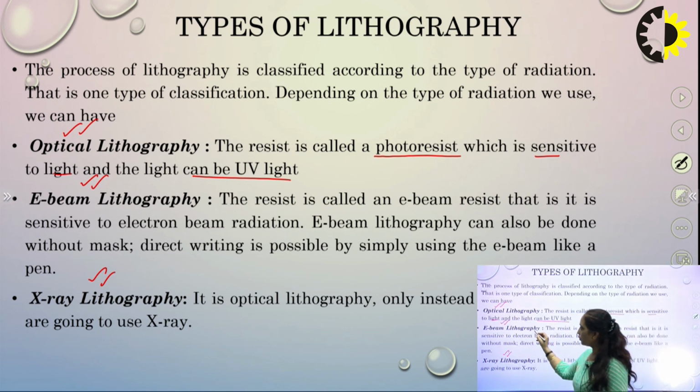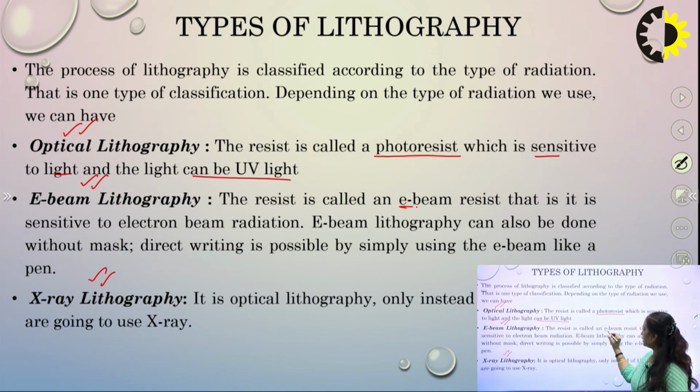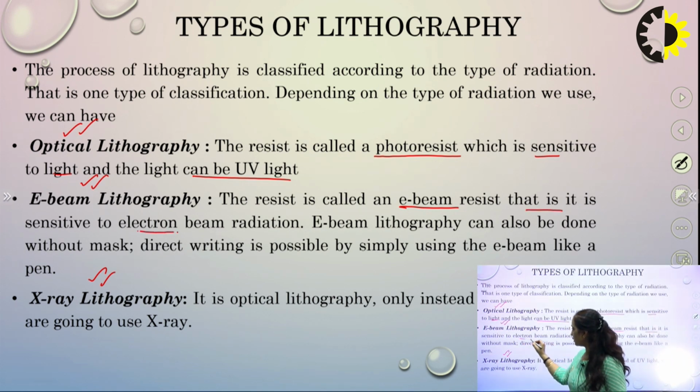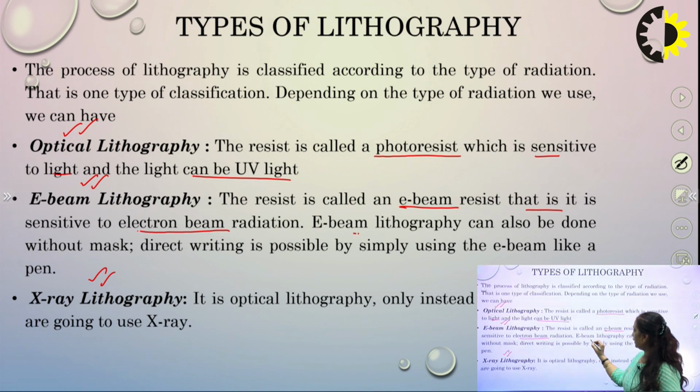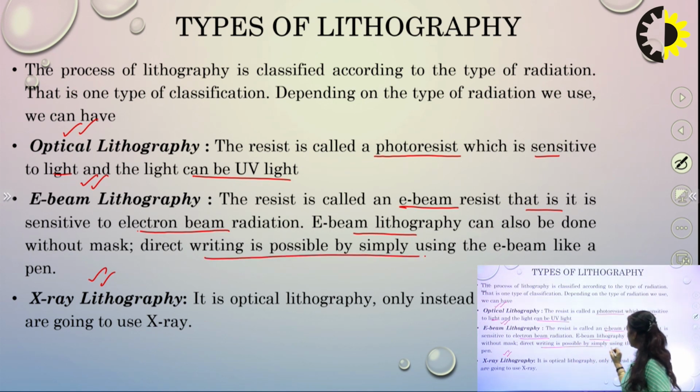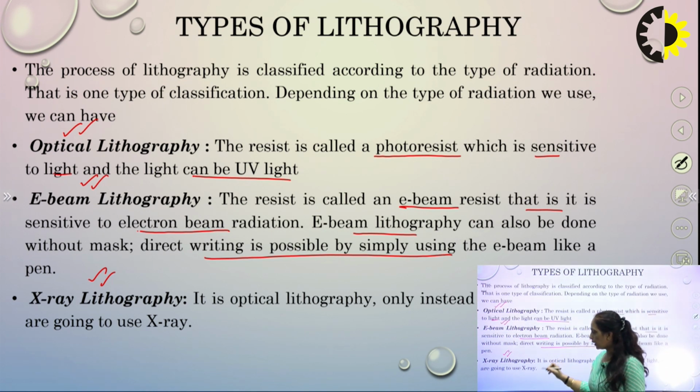In e-beam lithography, the resist is called e-beam resist, and it is sensitive to the electron beam only. E-beam lithography can also be done without a mask. Direct writing can be done: where we have to draw the circuit, the beam will be there, else we switch off the beam. So with this e-beam pen, directly writing is possible.